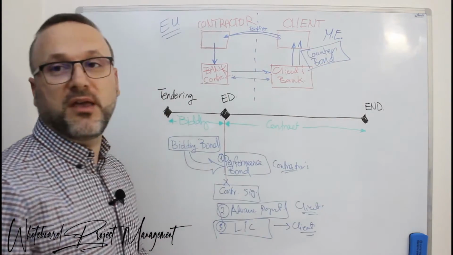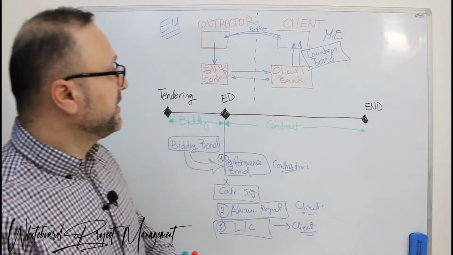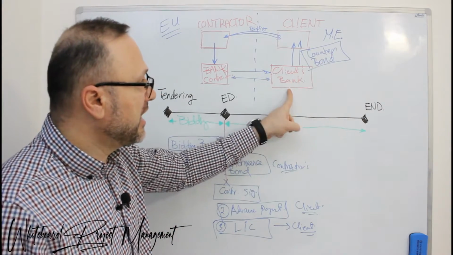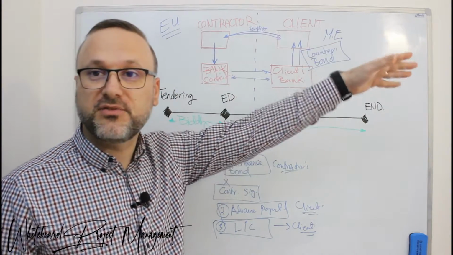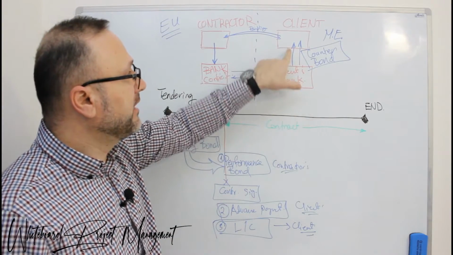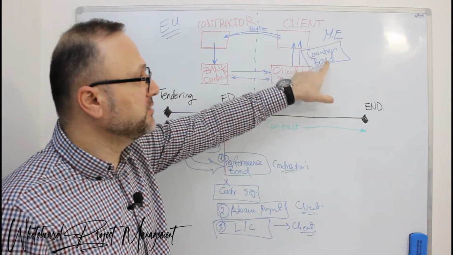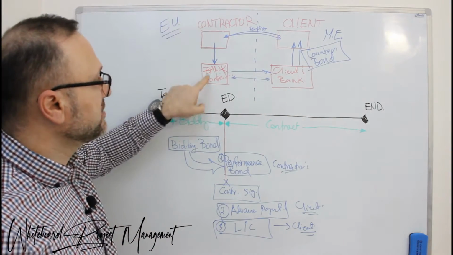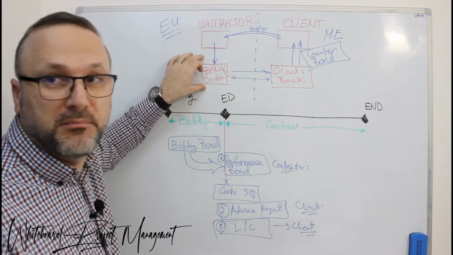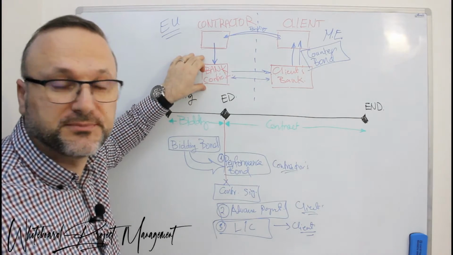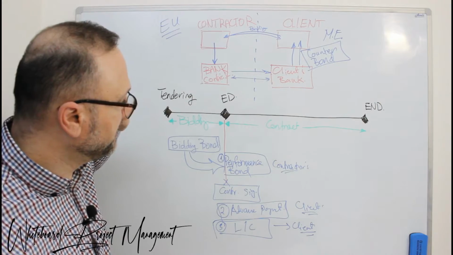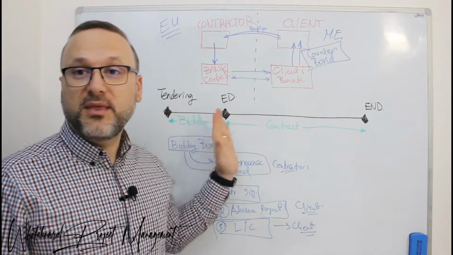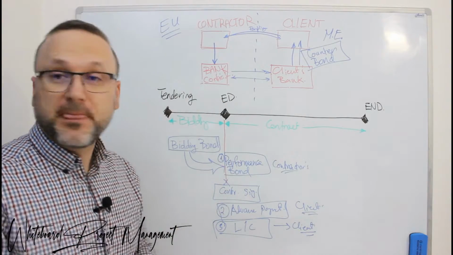Okay, so if you hear the word counter bond, that means the client's bank, which is somewhere else in a different country, issues this counter bond to the client based on the contractor's bank performance bond issuance. Okay, now we explained this bond and we are now in the effective date of the contract.